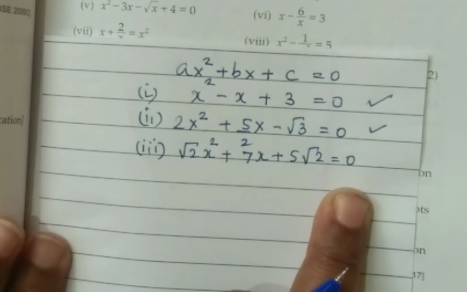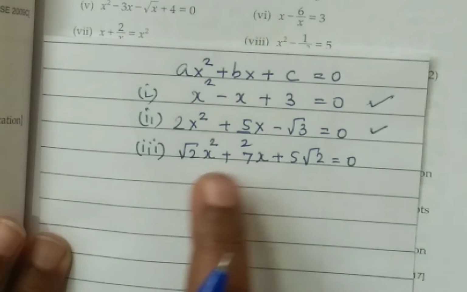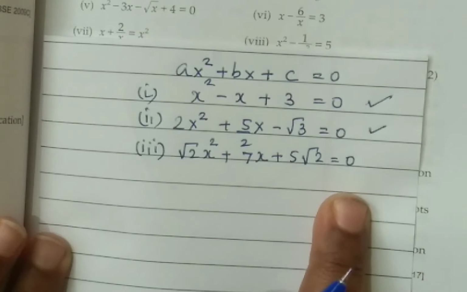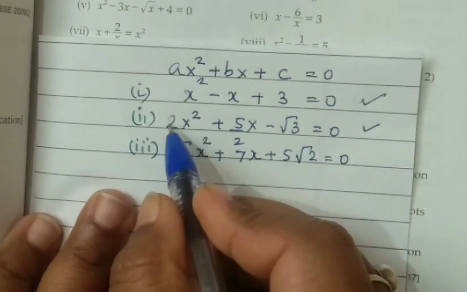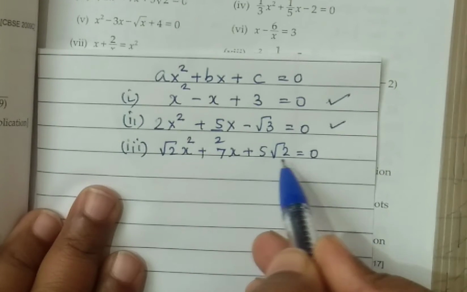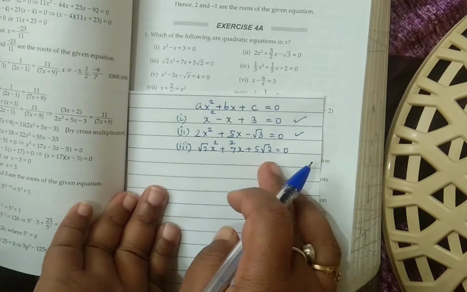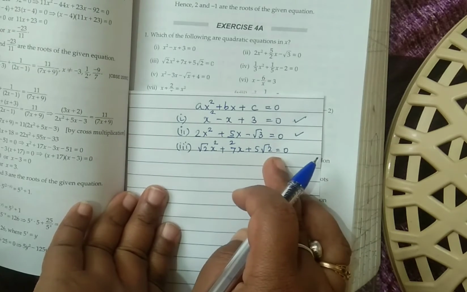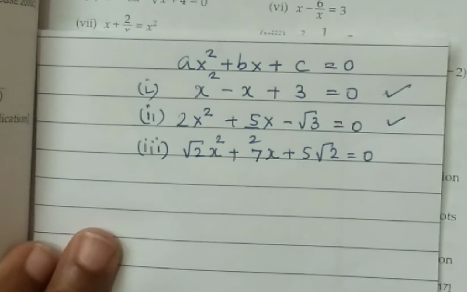Because last year you might have learnt about a polynomial, where the variable should not have a fractional power. Here root 2 is a real number. So a is root 2, b is 7 and c is 5 root 2. All the three are real numbers. Children make the mistake only by seeing this irrational number and start writing that it's not a quadratic polynomial. So please don't do that.